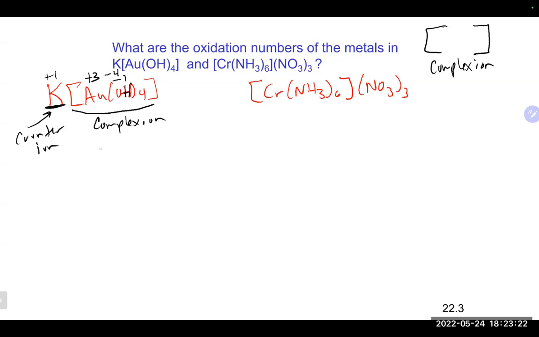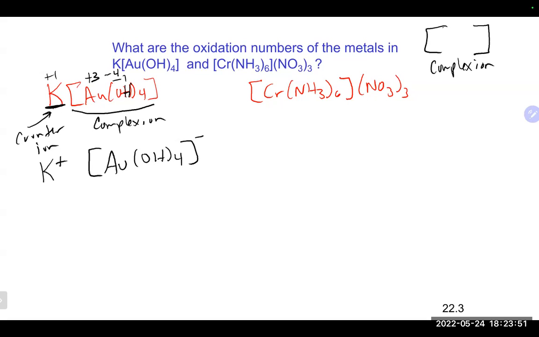That means if I pull out just the complex ion part, the charge on the complex ion would be overall -1, yeah? And again, -4 for the OH, +3. That is why our counter ion is just 1 potassium, just like an ionic compound, to balance those out. +1, -1 gives us 0 in this particular case.